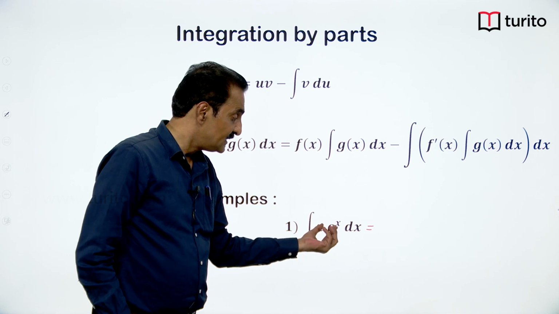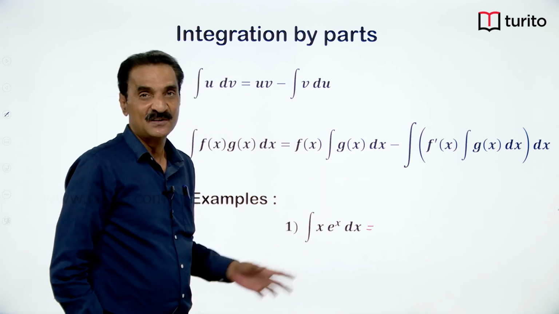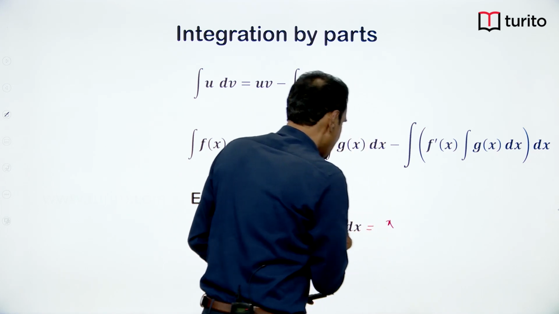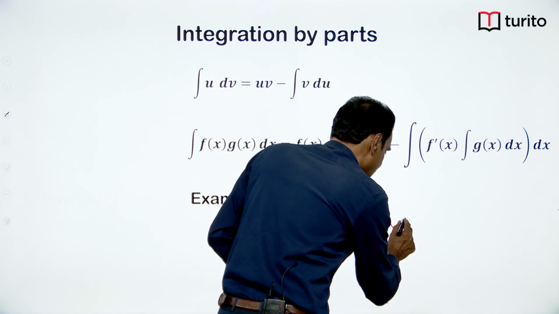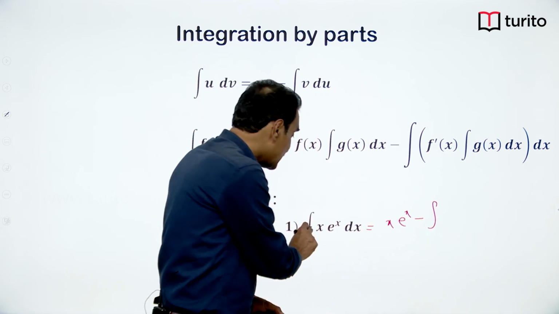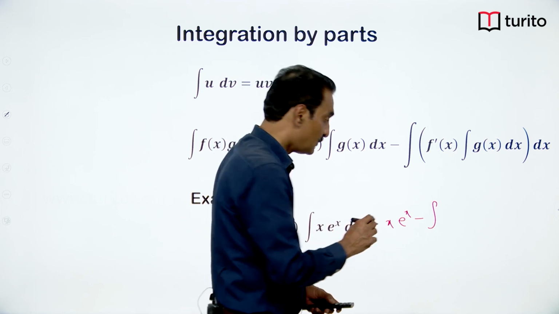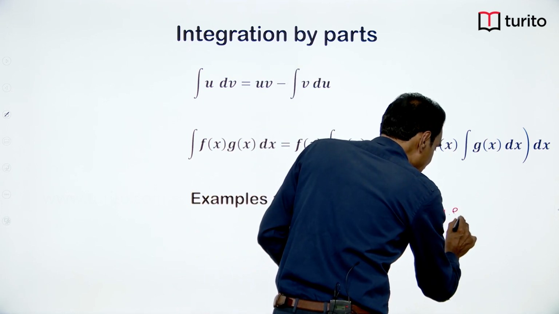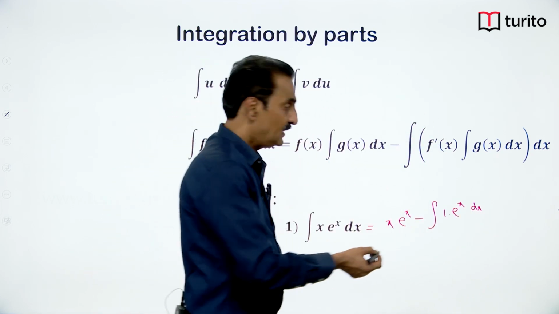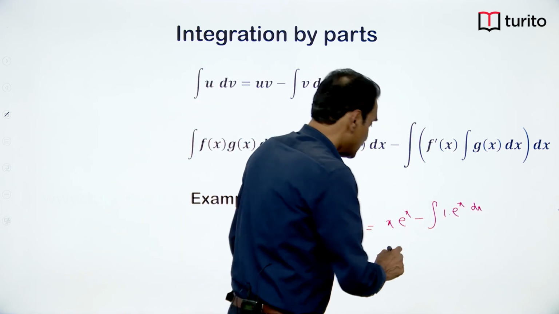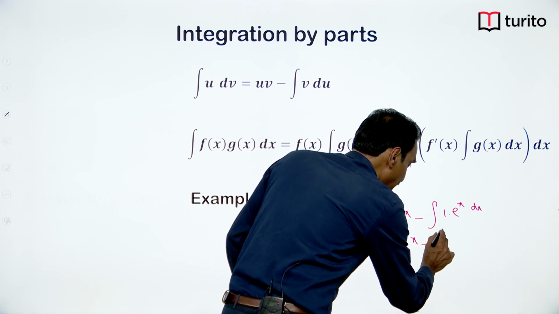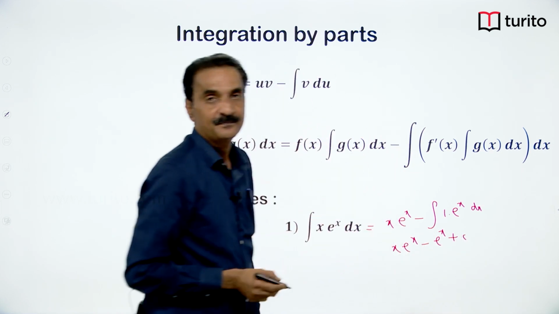So, we select e power x as second function, x as first function. Then first function, that is x, into integral of the second function, integral of e power x is e power x, minus integral of derivative of the first function, derivative of x is 1, into integral of second function e power x dx. Then integral e power x is e power x, no? So, it will be x e power x minus e power x plus c. Okay.